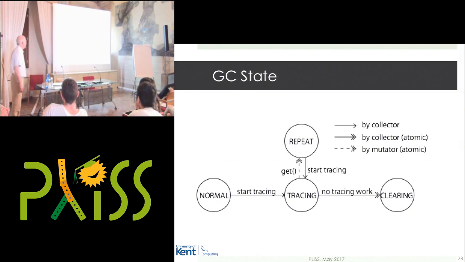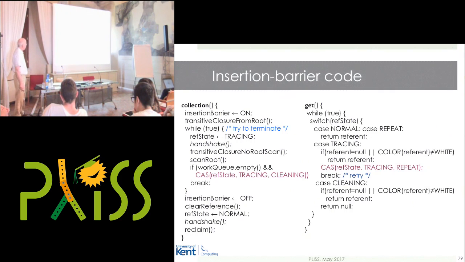And we ended up writing a sort of state transition where we start running normally, we start tracing, so we're in a tracing state. If we finished, we've got no tracing work left, we move to a state where we can do clearing. If any mutator calls get, we switch to a state where we've got to repeat and we start tracing again. And the aim is to switch atomically from tracing to clearing like that.